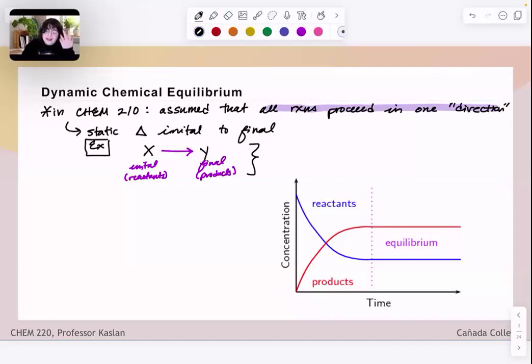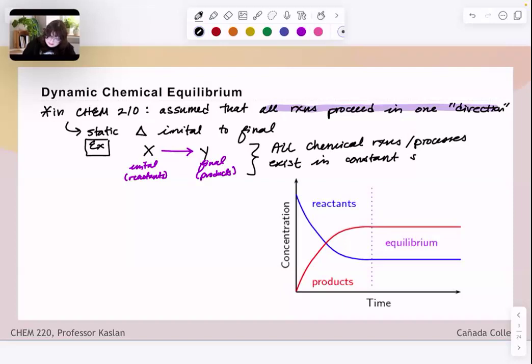In fact, the majority, if not every single chemical reaction and process, exists in some kind of state of equilibrium. So they exist in a constant state of change, which we would indicate using different notation.